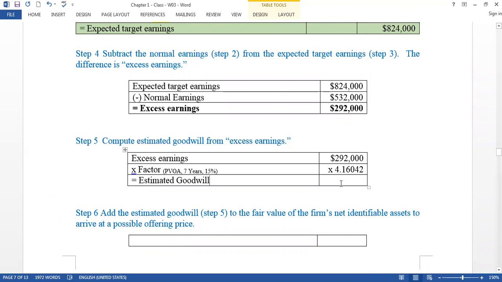Then we find the estimated goodwill, and it is 1,214,843. So this is our estimated goodwill.